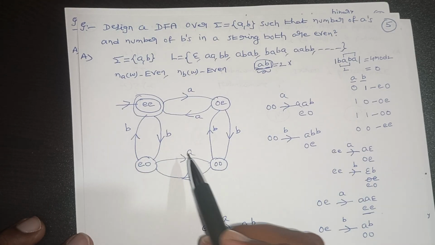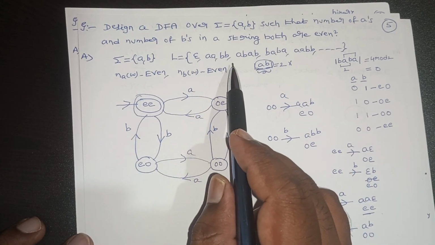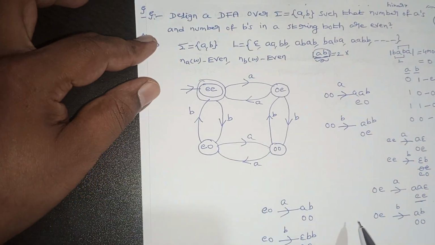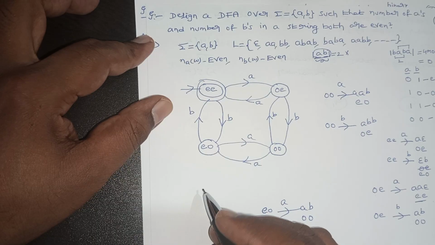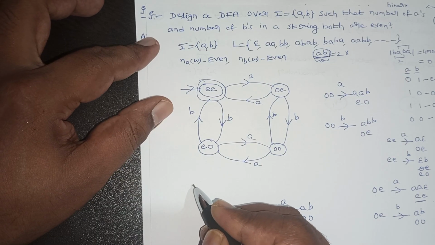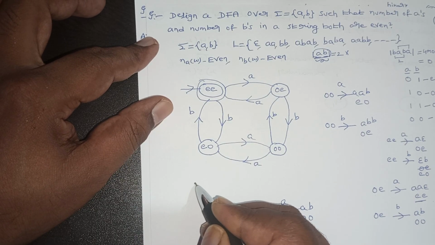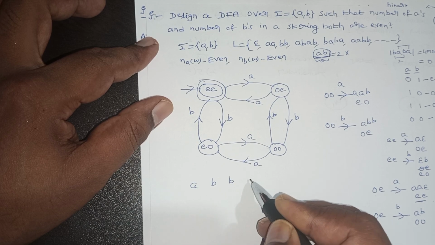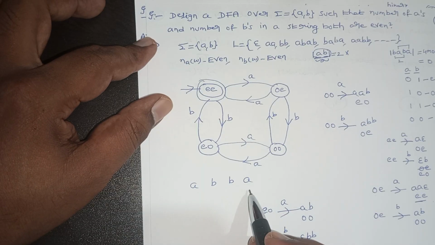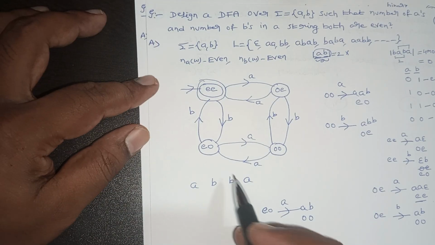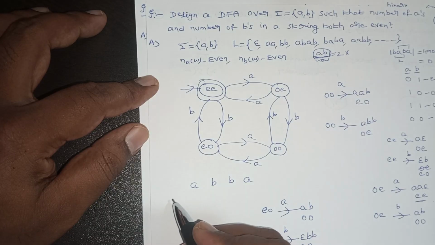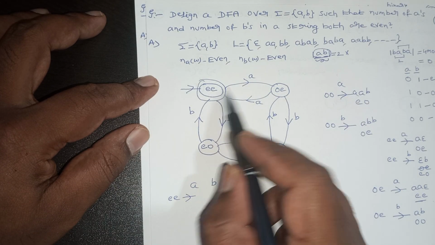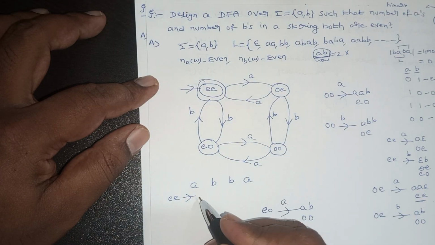This is the DFA for an even number of A's and an even number of B's. If you want to check, simply trace it out. For example, take any string, ABBA, which is a string in the language. Where do I start? Start from EE. EE on A, I go to OE.